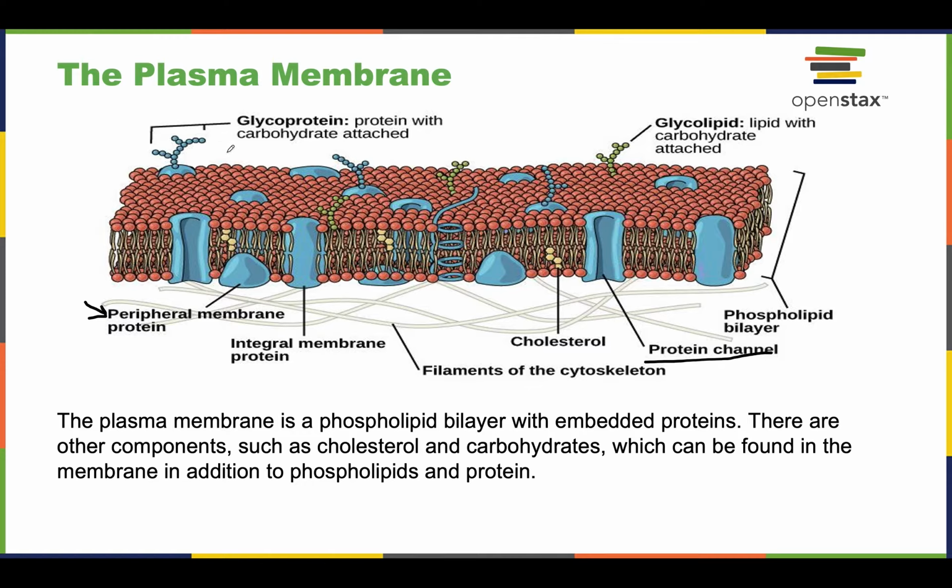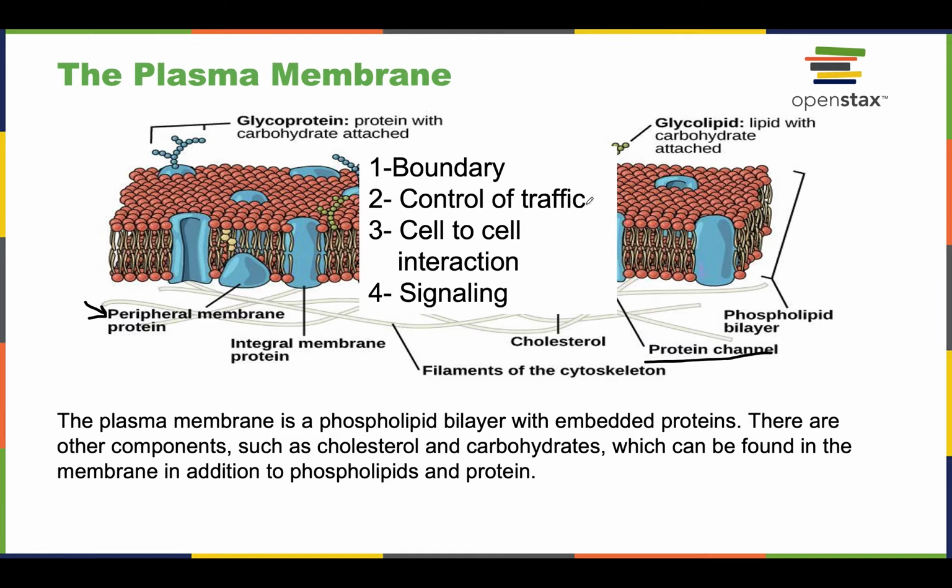So there are a number of very important functions that the plasma membrane provides. One is that it forms a boundary around the cell, which separates its internal components from the outside. The plasma membrane very tightly controls what goes inside the cell, so it controls the traffic of molecules across the plasma membrane.